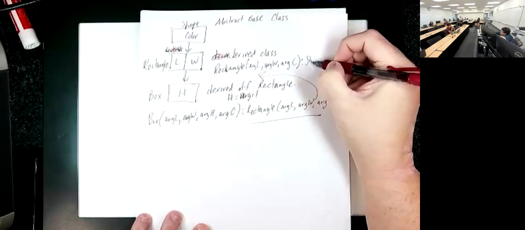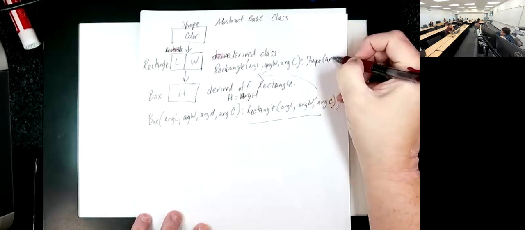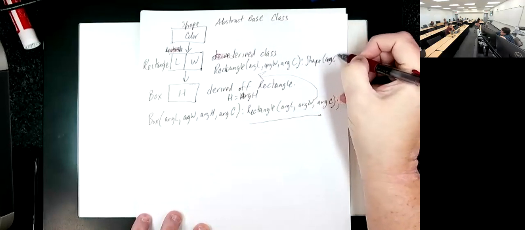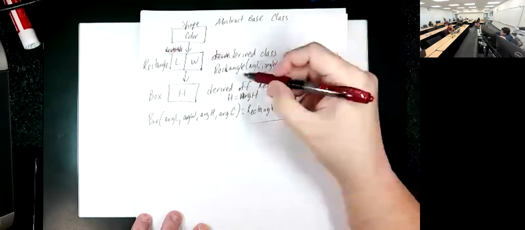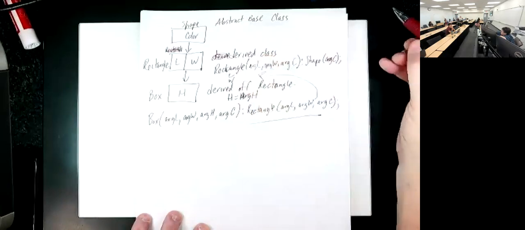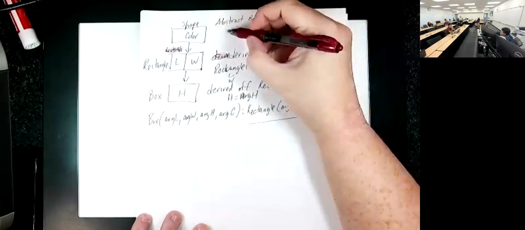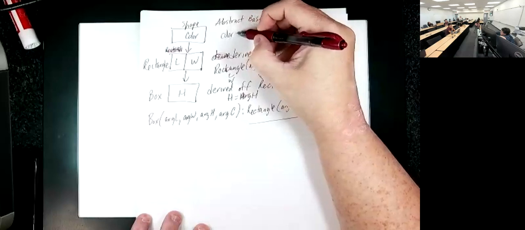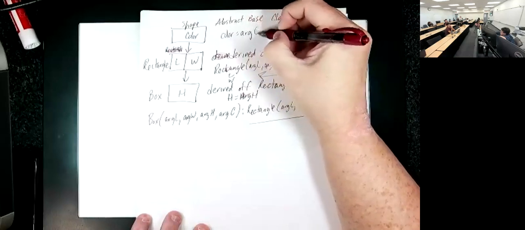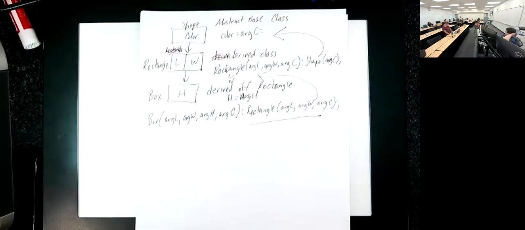It was derived off of shape, which just had arg-C. Here it sets L and W, and then it took shape up here, and it set color to arg-C. So it transferred the constructor information, it kind of trickled down to what it needed.